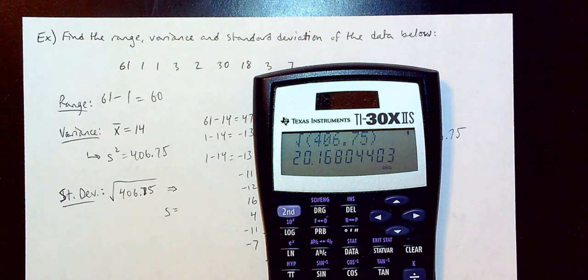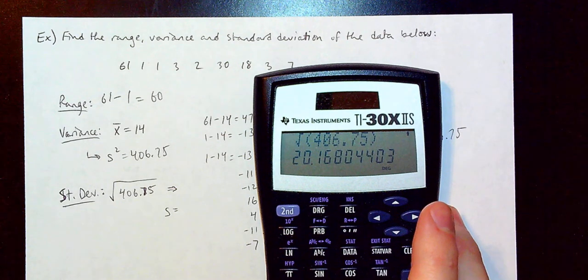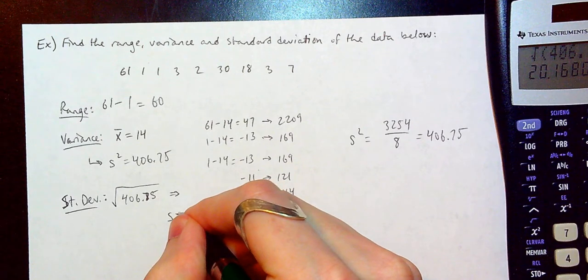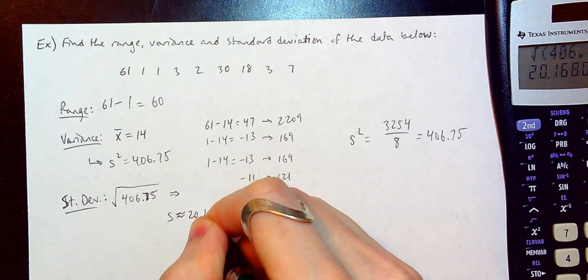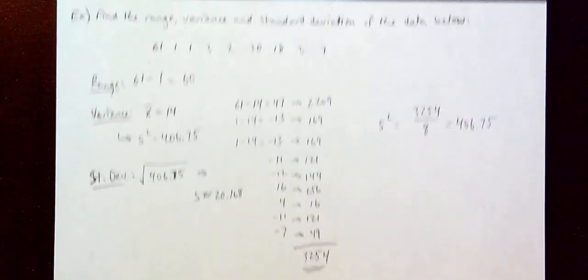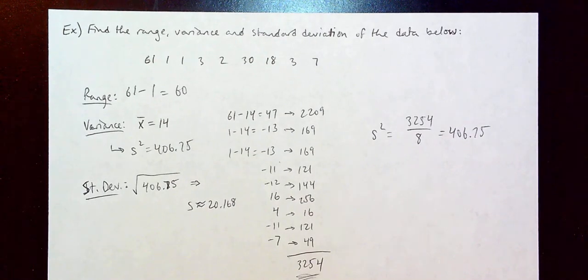Obviously, the question would state to round to a certain number of places, but we'll go with 20.168. So there we go. That is our range, variance, and standard deviation for this data set.